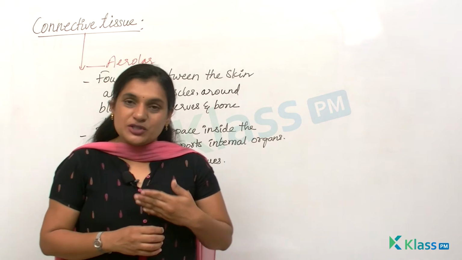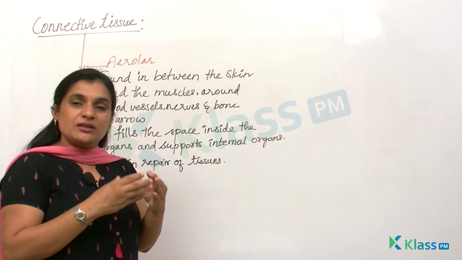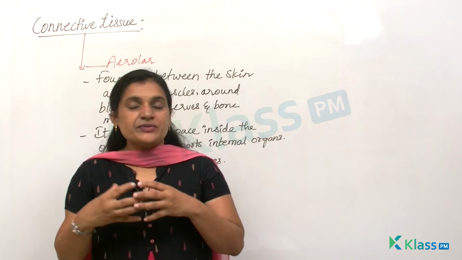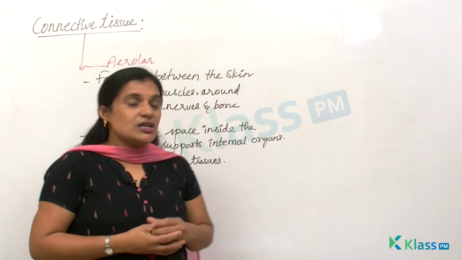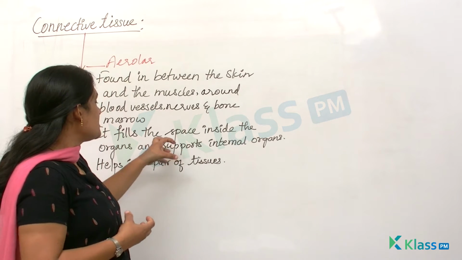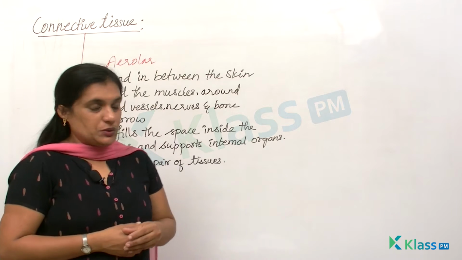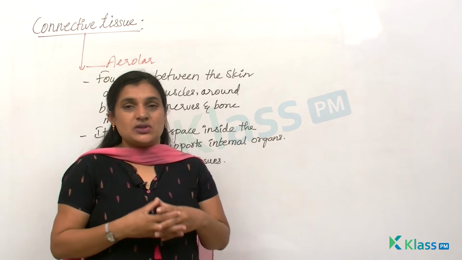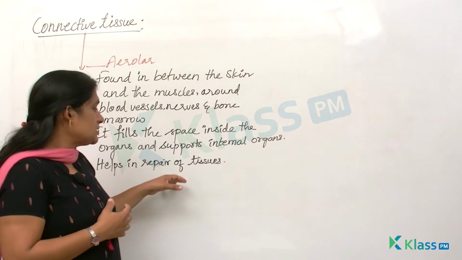In this arrangement of organs, there will definitely be a space between the organs. For example, there is a space between the kidneys and the lungs. The spaces between the internal organs are filled up by areolar tissue. In the same way, this tissue helps in the repair of our tissues.